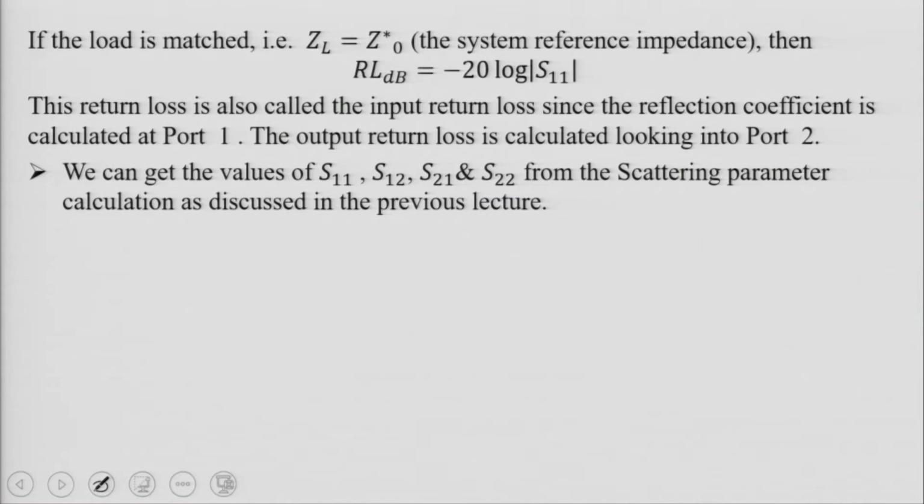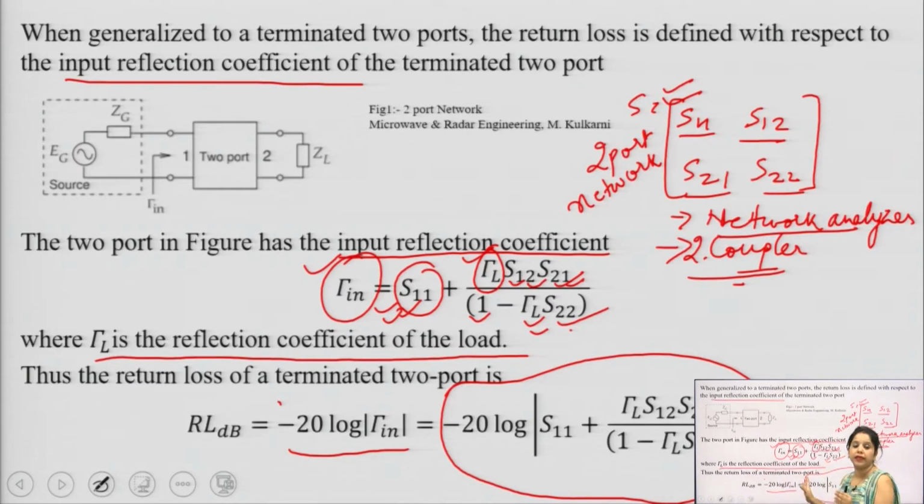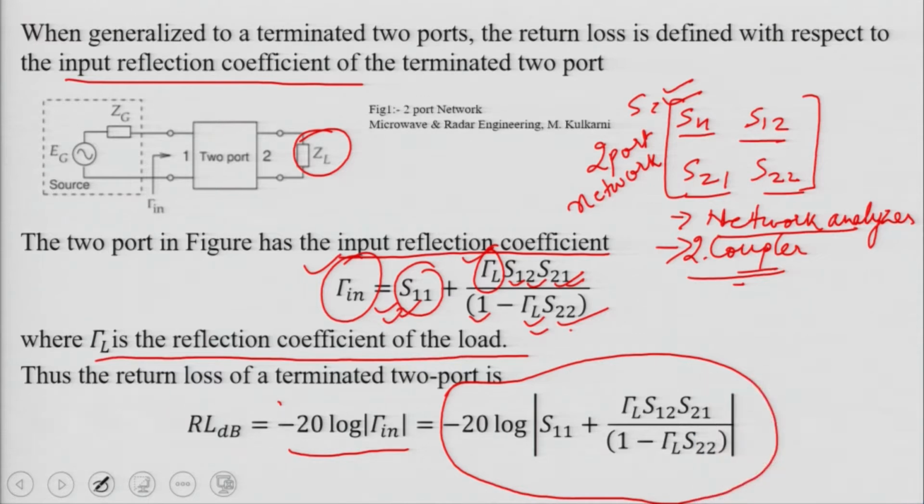And again the condition comes when the system is perfectly matched. Here we have seen that this formula is applicable for the terminated load. We already know there is a condition where the load is attached, which is called the terminated one, and when the load is not attached, when this ZL is missing, it is called non-terminated.